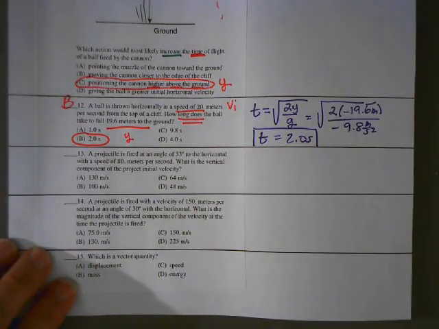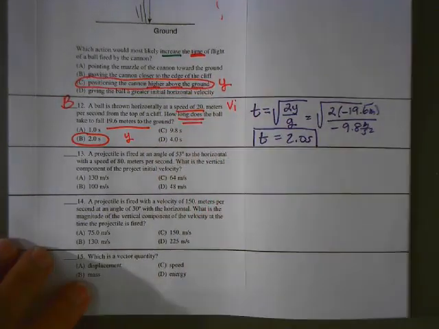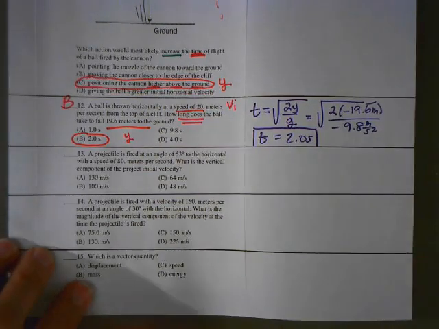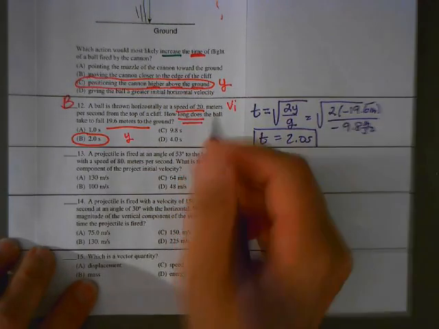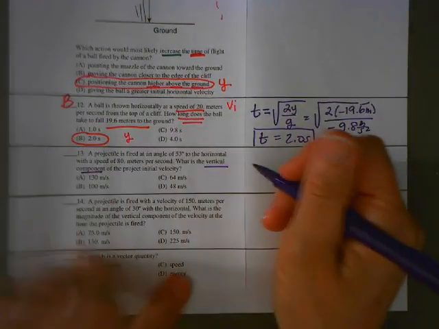Number 13. A projectile is fired at an angle of 53 degrees to the horizontal with a speed of 80. What is the vertical component? So this is again practice B when we did horizontal and vertical components. First I'm going to draw my picture.